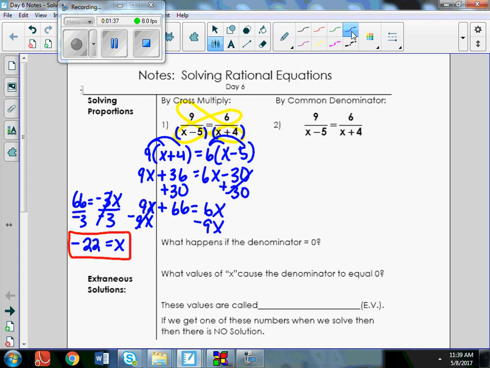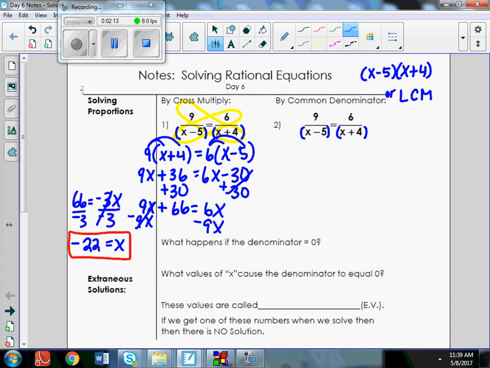There are two ways. Okay, so the other way is by finding a common denominator, or in our notes later, we also call it a least common multiple. Okay, that just means common denominator. So it's like what we did in our last rationals unit. If I'm looking for a common denominator of these two fractions, my least common denominator would be x minus 5 times x plus 4.